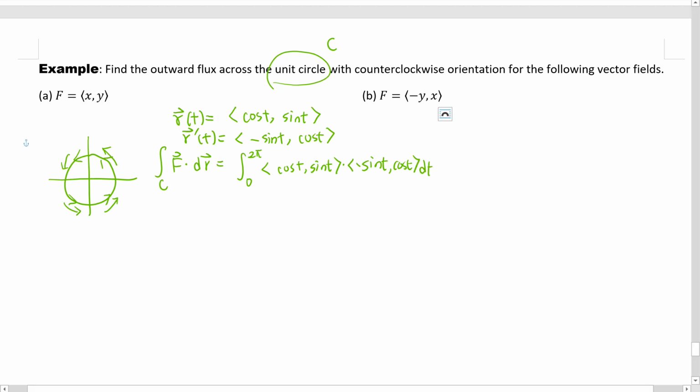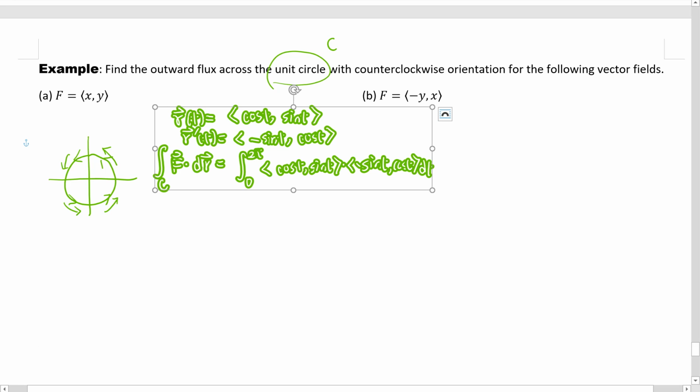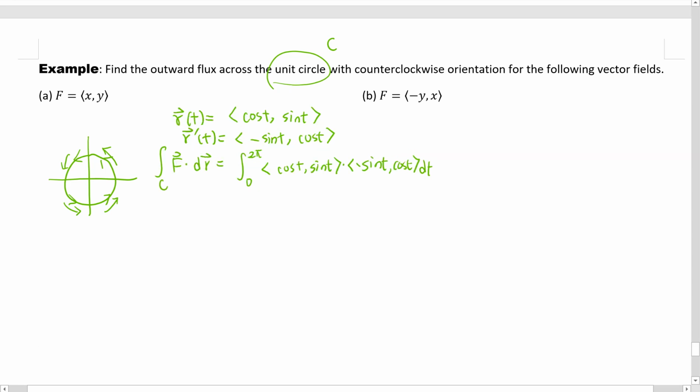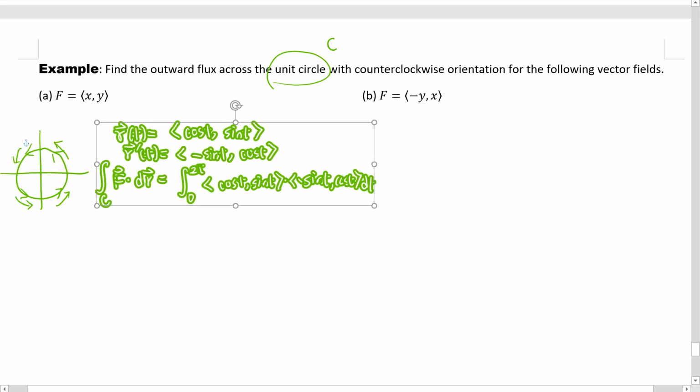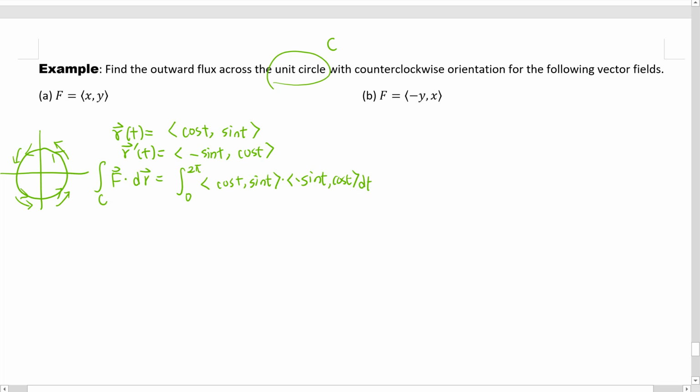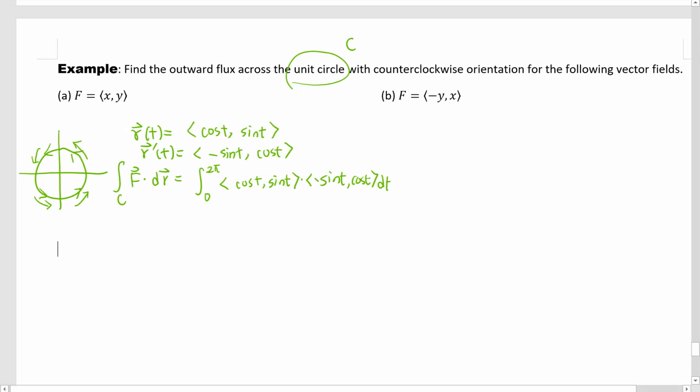Let me move this on the left, and I can have more space. All right. So that equals cosine t times minus sine t.